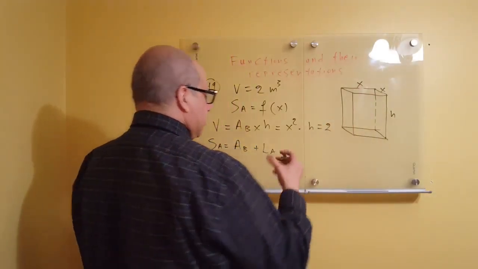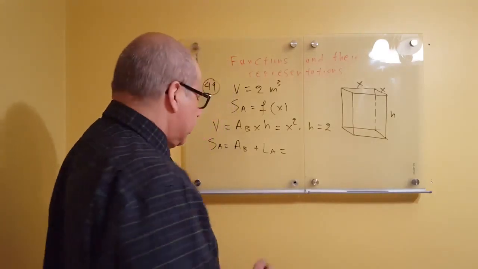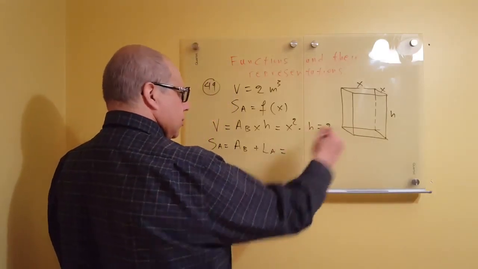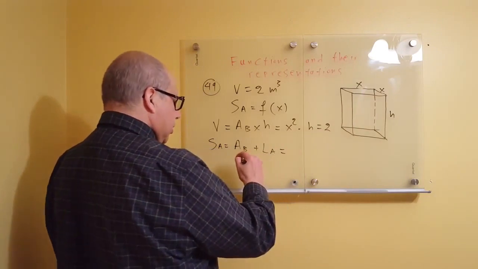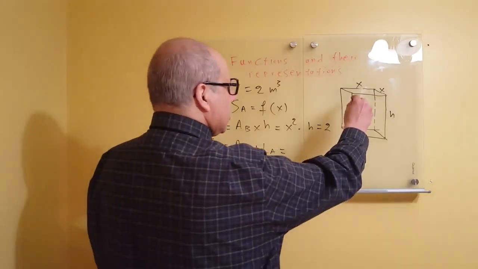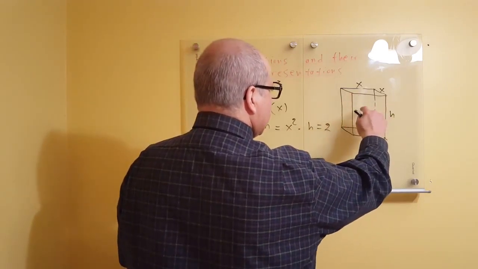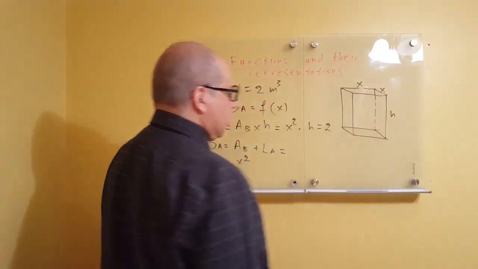Now the area of a base, because the base is square, is the side squared, so that means it's x squared. And now the lateral area, we have 1, 2, 3, 4.